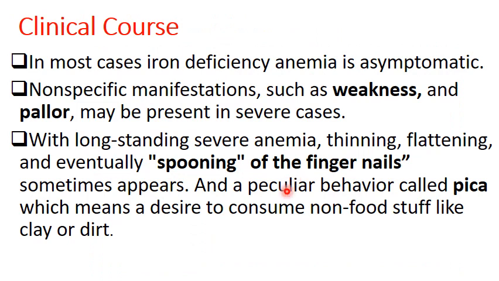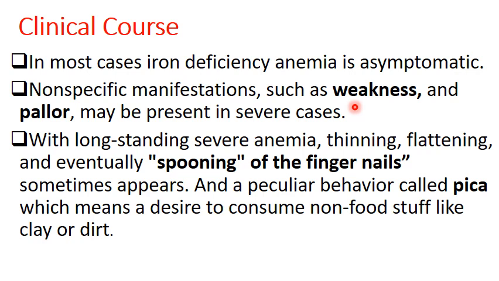Clinically, most of the patients with iron deficiency anemia are asymptomatic, no symptoms, unless they develop severe anemia, in which there are non-specific manifestations such as weakness, tiredness, pallor, pale face, sometimes easy fatigability on exertion, on exercise, palpitation.